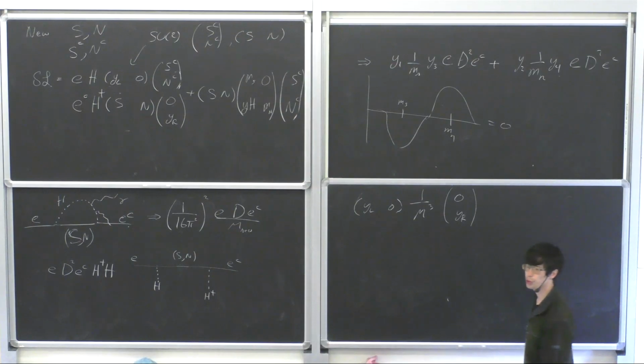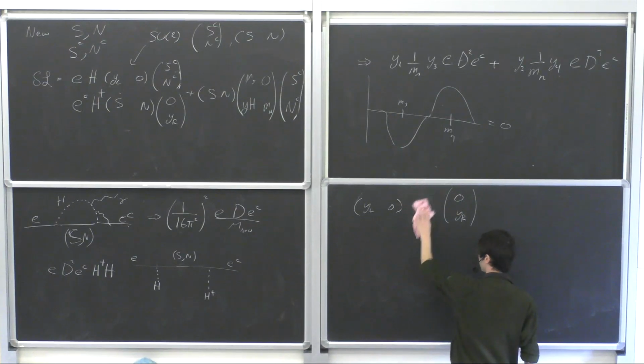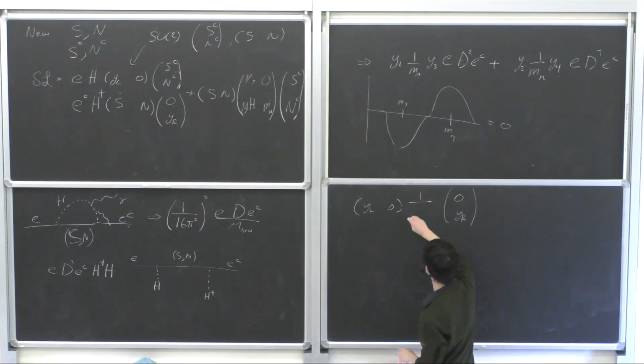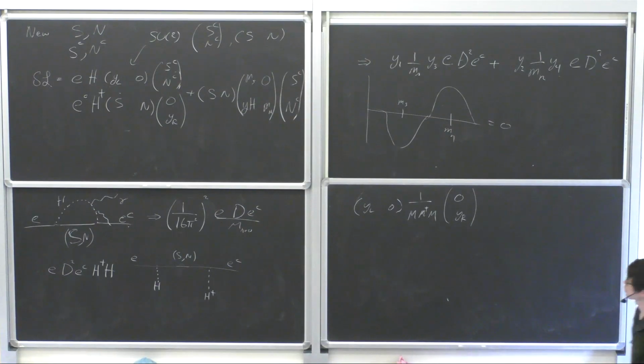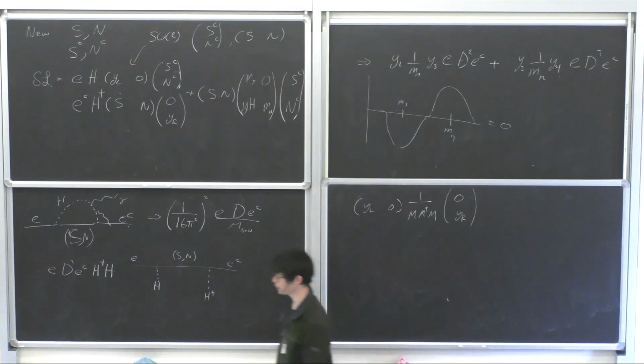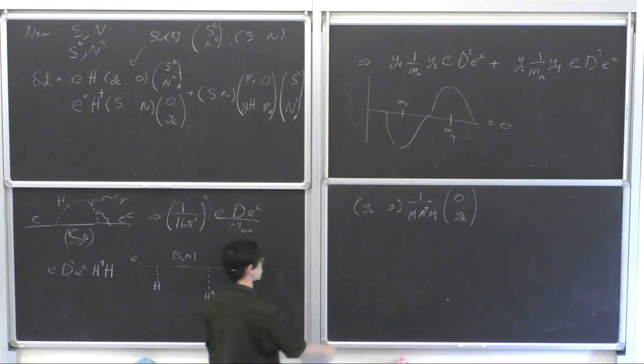This is SU2 symmetry. Mass transforms left times right. So this is really 1 over m dagger, m. Okay, let's just multiply out m times m dagger times m. Main thing is that there's no zeros.